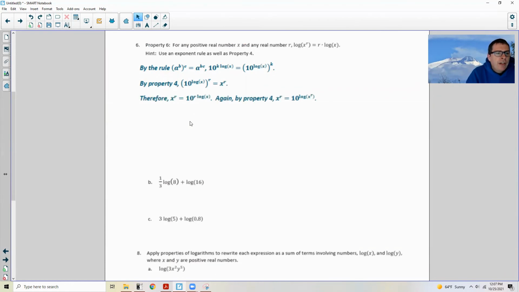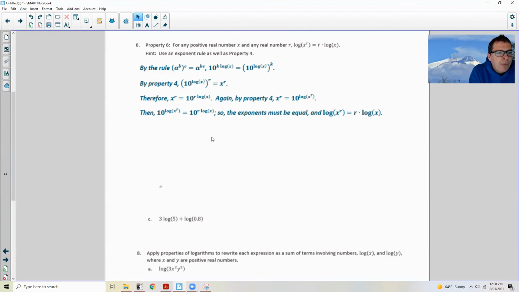And therefore x to the r equals 10 to the power of r times the log of x. So again, by property 4, x to the power of r equals 10 to the power of log of x to the r. So then 10 to the power of log of x to the r equals 10 to the r log x.